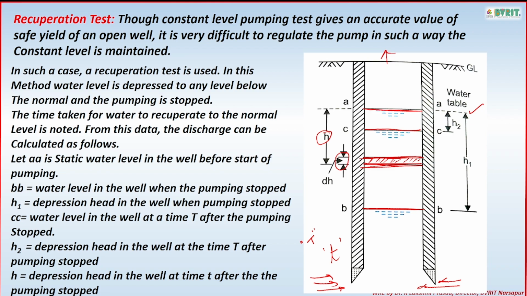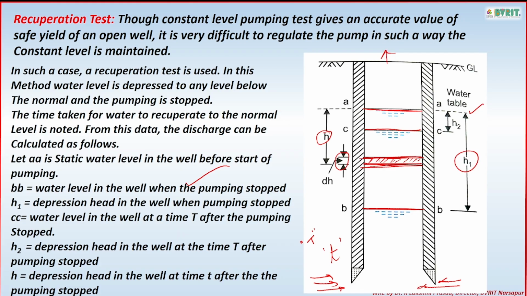Now tell me, what are the things first? AA is the initial water level. BB is the water level when the pumping is stopped, right? This is what is called the depression head. That is the first thing, AA to BB.